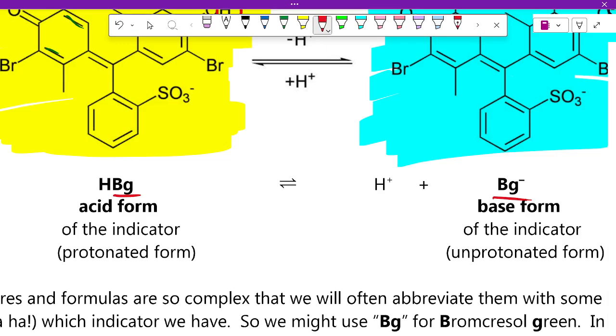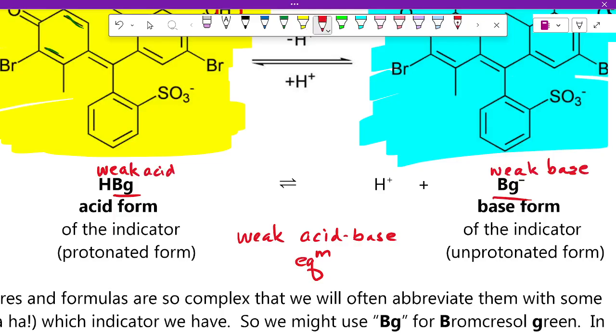And this is a weak acid-base equilibrium. This is a weak acid. This is a weak base.